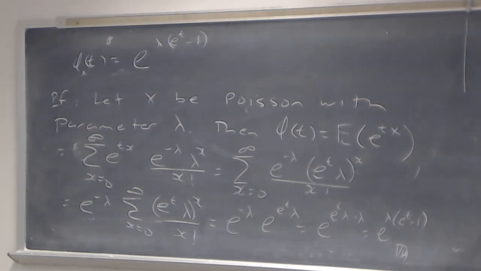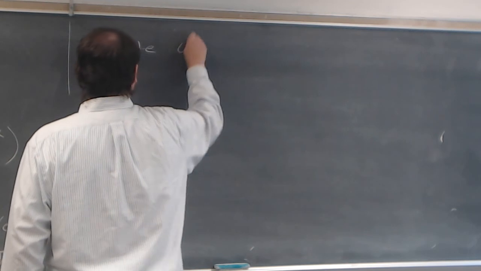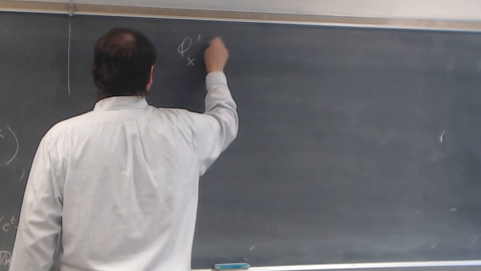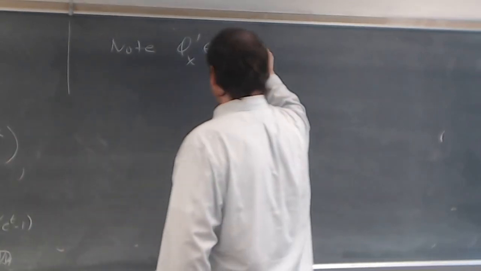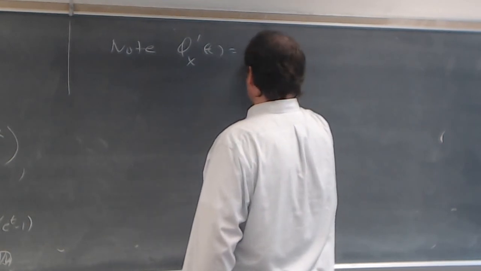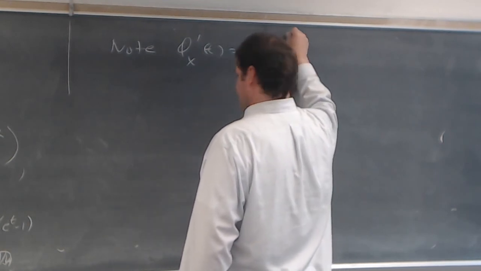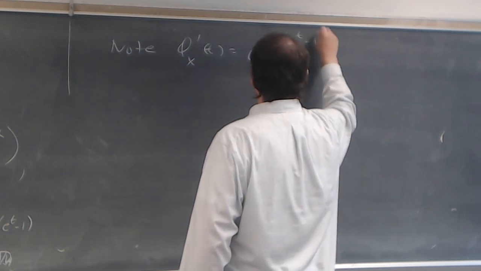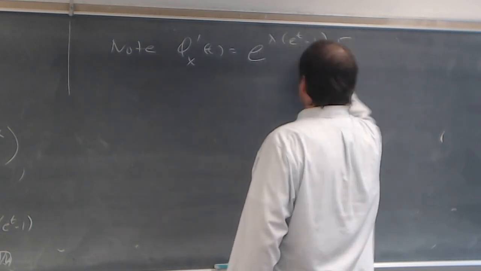And let's check the expected value and the variance of a Poisson random variable. Remember, both times they were lambda. Using the moment generating function, and then we'll call it quits for this lecture. So note, if we take phi prime of t, it's e to the something times the derivative of something.